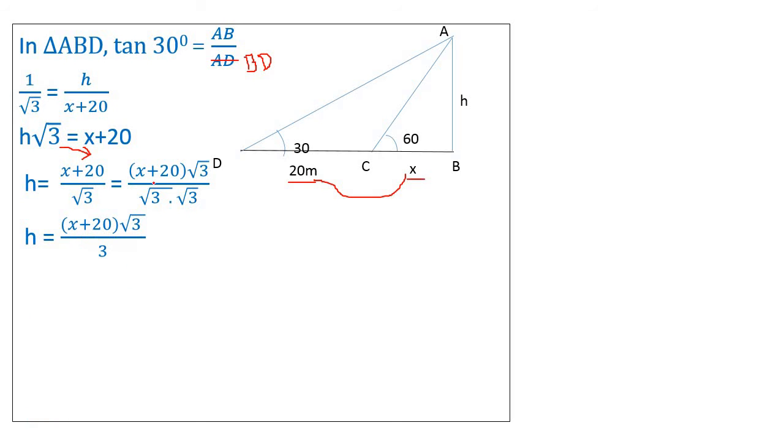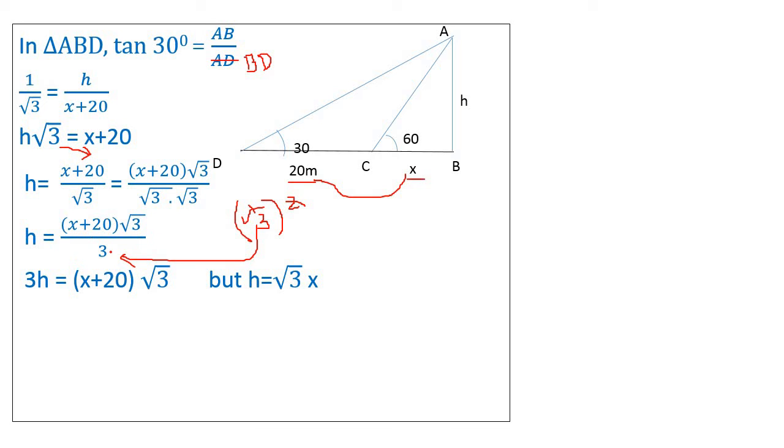Therefore it becomes h is equal to x plus 20 root 3, and root 3 into root 3 is root 3 whole square. So we can cancel square and root. We will get only 3.